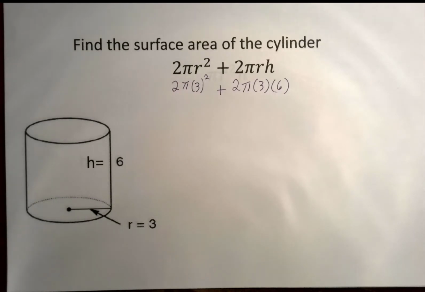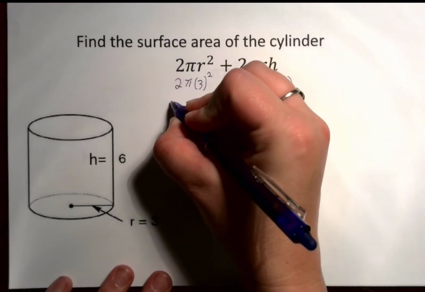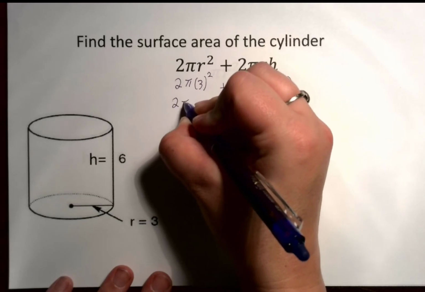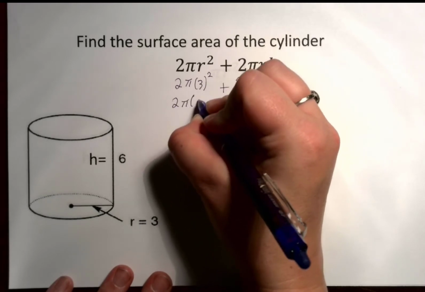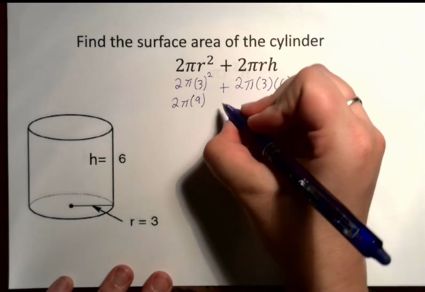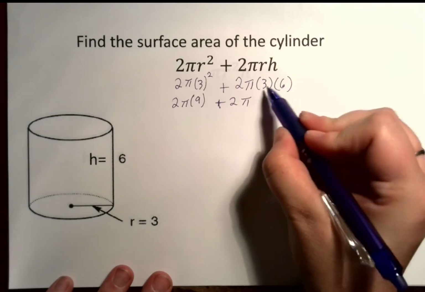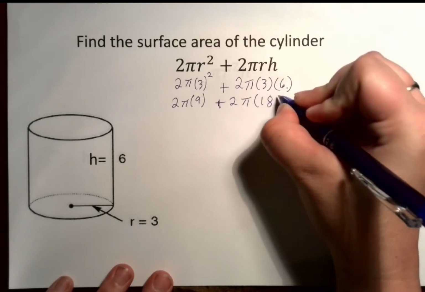When I go to multiply, instead of pi, I'm going to use 3.14. So I'm going to start by doing my exponents. Okay, 3 squared is 9. Three times 6 is 18.